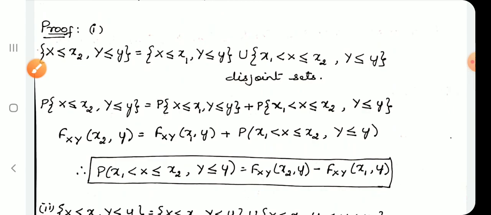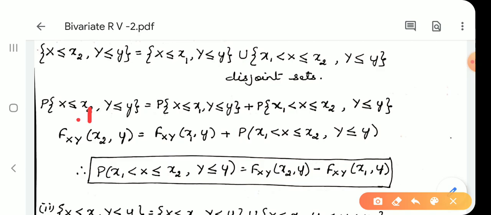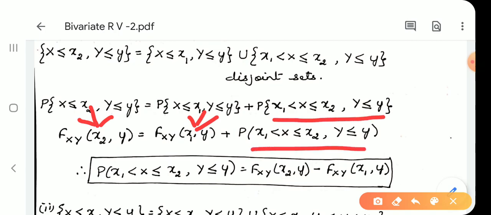So in yesterday's properties we have already seen that this term can be written as F_XY of x2 comma y, by the definition of the CDF, and this is nothing but F_XY of x1 comma y, plus the last term we will keep as it is.